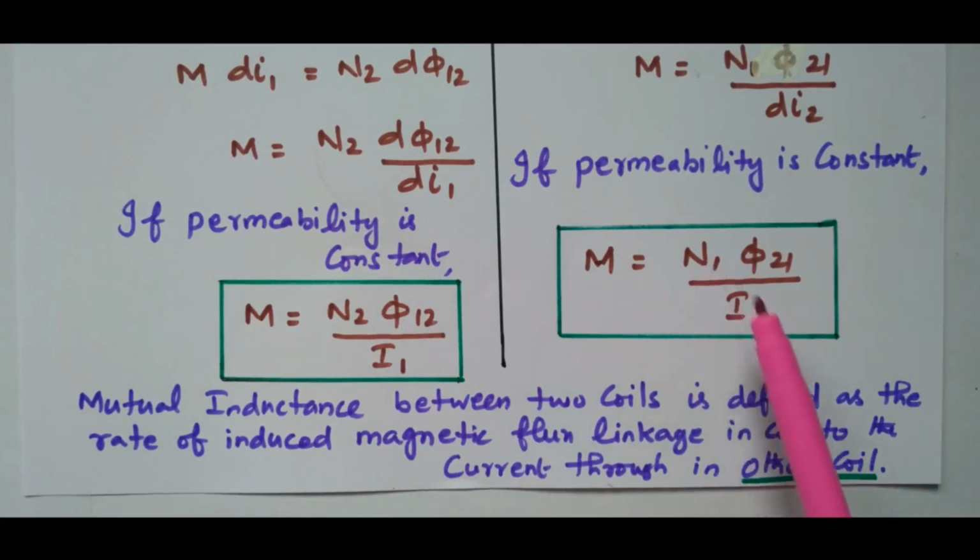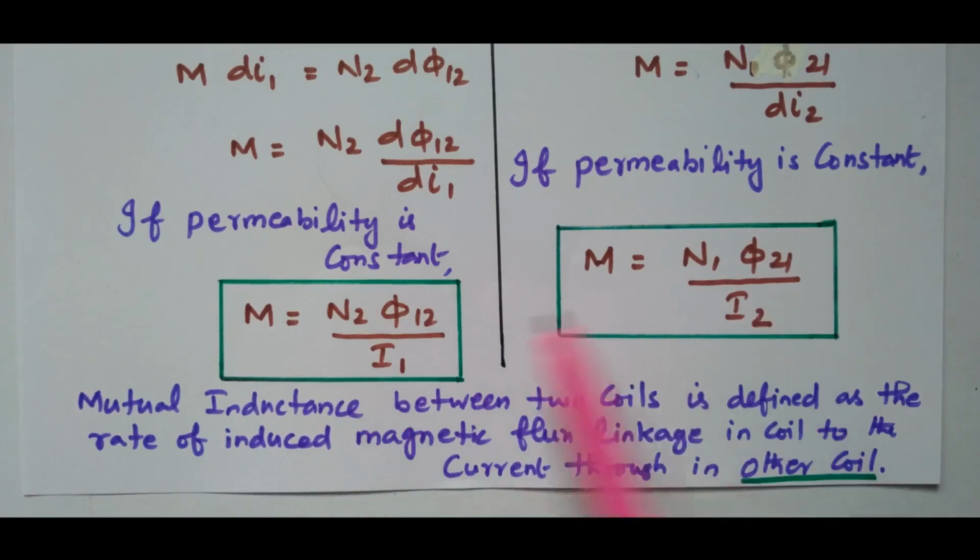So N1 goes with I2, and N2 goes with I1. That is the important thing. In self inductance, both are the same, only one coil. In mutual inductance, it is the magnetic flux linkage in one coil and the current flowing through the other coil.